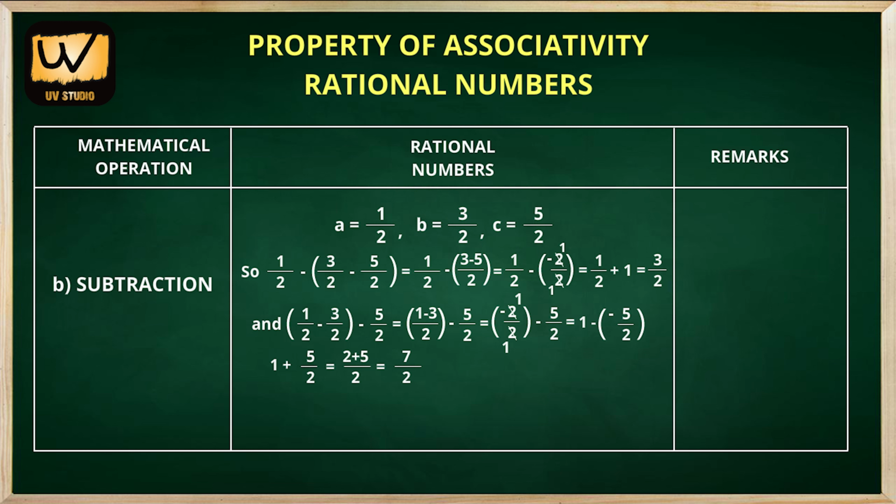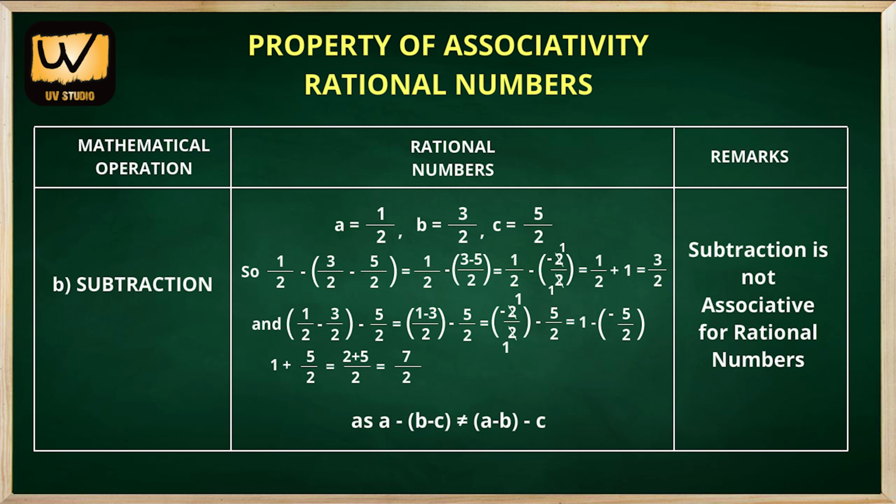Take the LCM 2, cross multiply, it will be 2 plus 5 and in the RHS you get 7/2. Remember the LHS was 3/2. So both sides, LHS and RHS, are not equal. What does that indicate? A minus (B minus C) is not equal to (A minus B) minus C. What's the remark then? Subtraction is not associative for rational numbers.